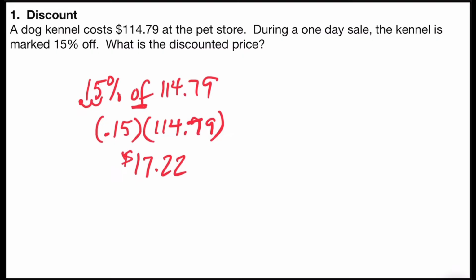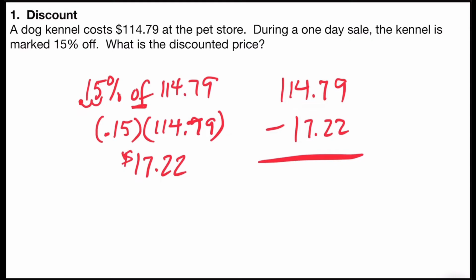And now I'm going to take the $114.79 that was the original price of the kennel and subtract out the $17.22 that would be the discount. And if I punch that into a calculator, I find out that the discounted price is $97.57.